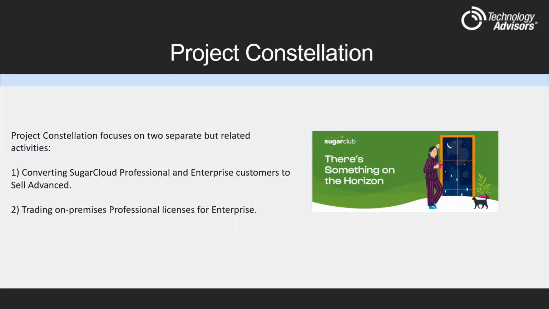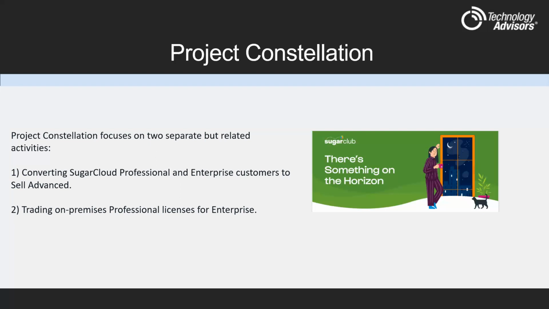So Sugar is looking to standardize the baseline product suite and give all customers access to the same features and functionality. In February, Sugar ran a beta program for this conversion. It went really well, and the beta customers gave positive feedback on both the conversion process and the added functionality.